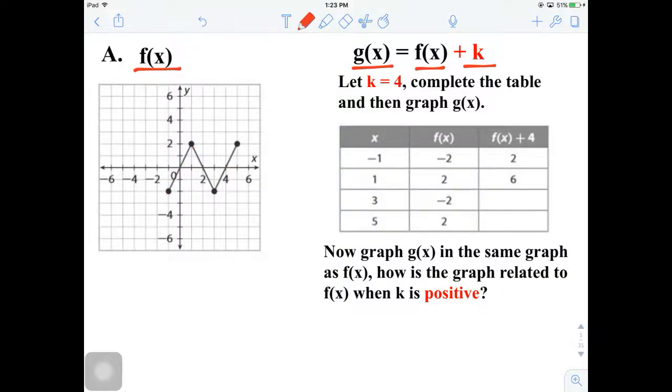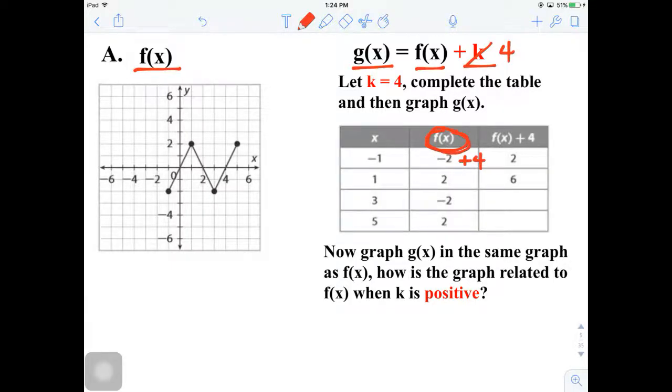So if the original graph f of x looks like this, what happens if we add 4 to the back? We're taking the value of f of x, the y value, and adding 4 to it.